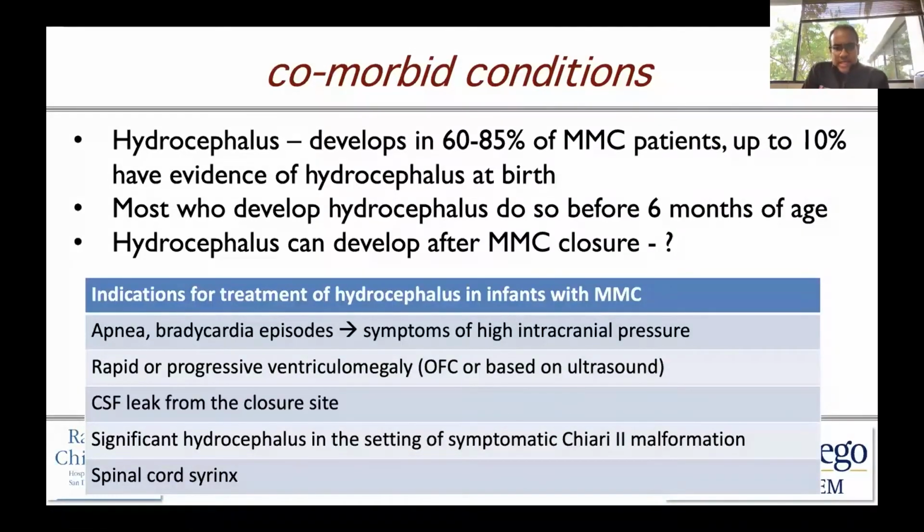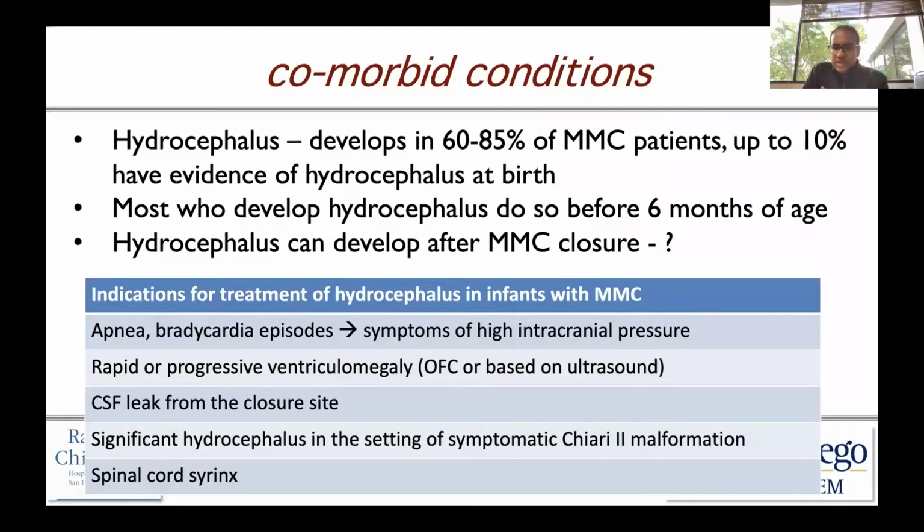If there's CSF leak from the closure site, certainly you want to eliminate any technical problems that may have been available, but typically this is a sign that the pressure head from the cerebrospinal fluid is increasing, and it may be a sign that the child requires CSF diversion. Also, if there's significant hydrocephalus in the setting of a symptomatic Chiari 2 malformation, and again, I'll talk about the Chiari 2 coming up, which is a really important category to talk about.